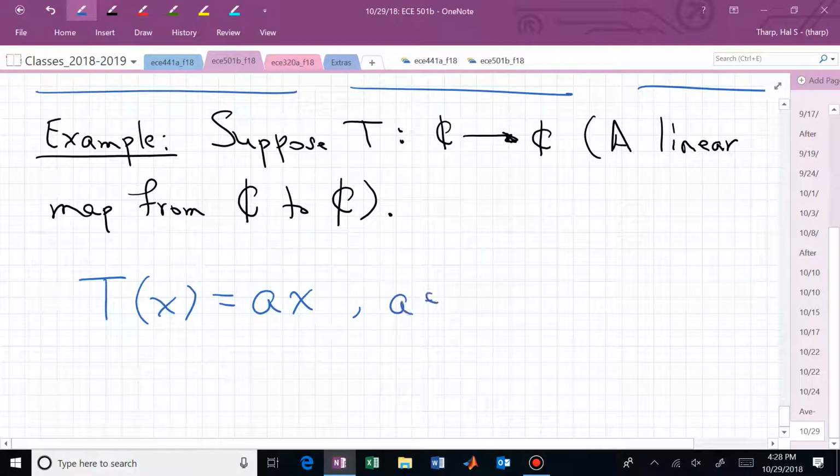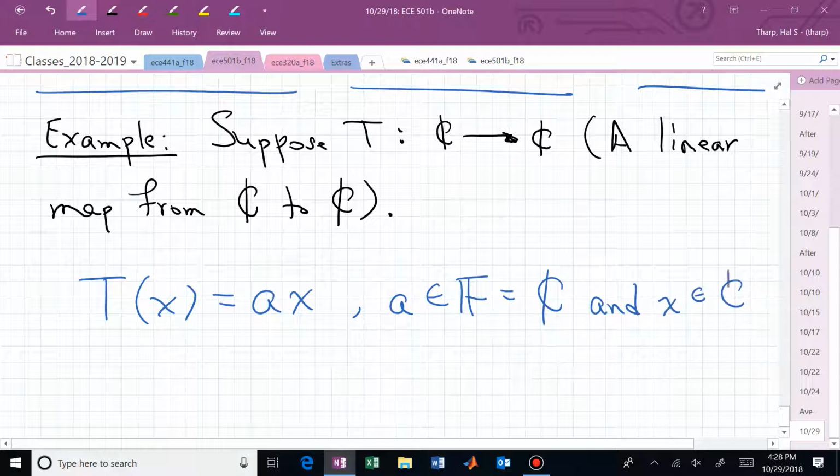So that a is now an element of our field, and our field is actually the complex number field. And x, we're also allowing that to be in the complex field of numbers.